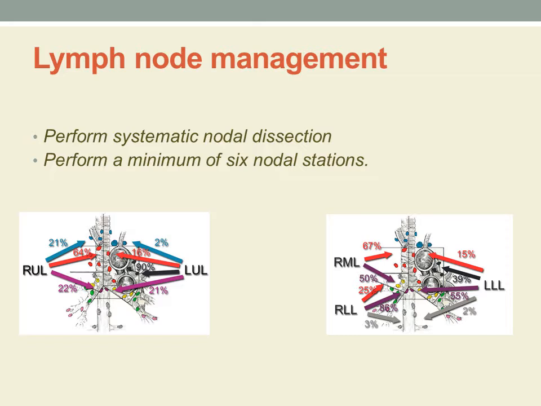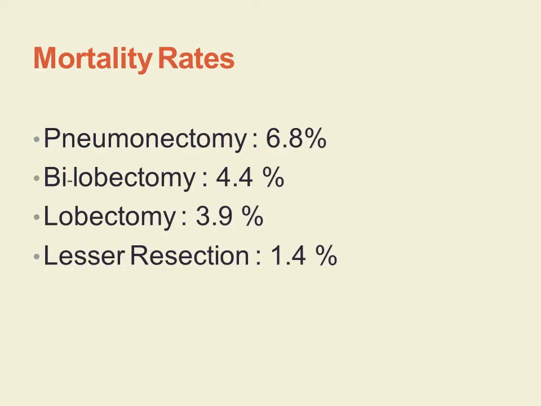Postoperative morbidity is usually cited against the use of routine systematic nodal dissection, and in response to this, the results of the American trials confirm that patients randomized to complete mediastinal lymphadenectomy had little added morbidity compared to those who underwent lymph node sampling. The recommendations are to perform systematic nodal dissection in all patients undergoing resection for lung cancer, and to remove and sample a minimum of 6 lymph nodes or stations.